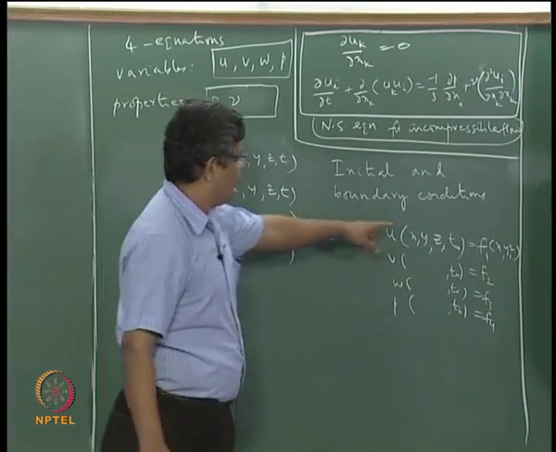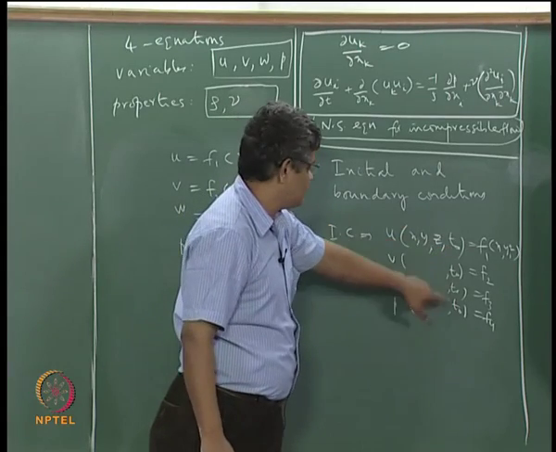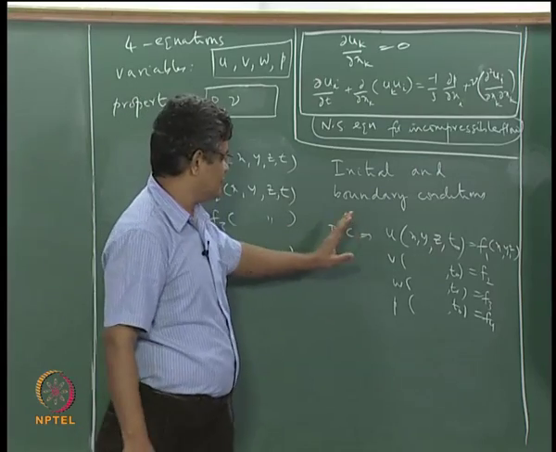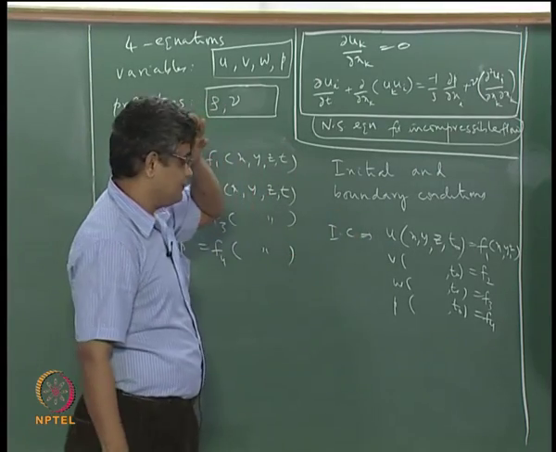So all these at time equal to t0 are given functions of x, y, z. This is how we specify the initial conditions.